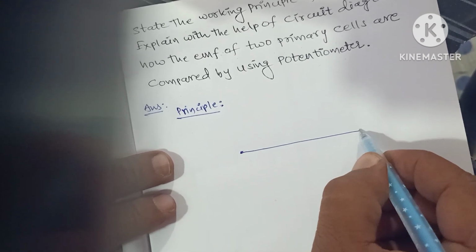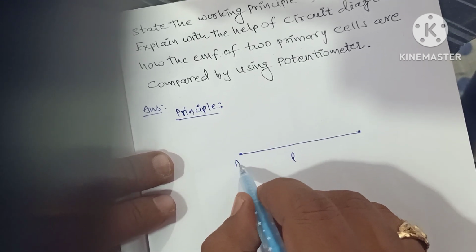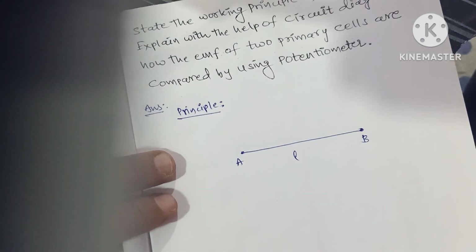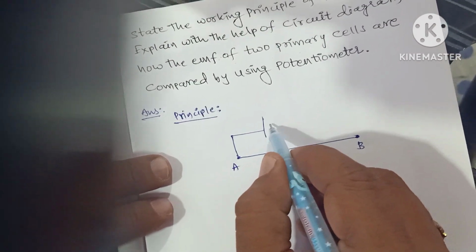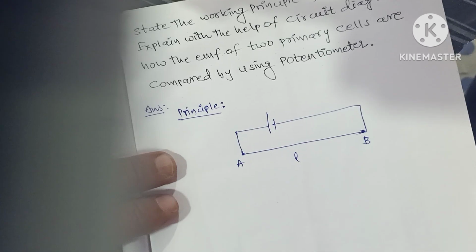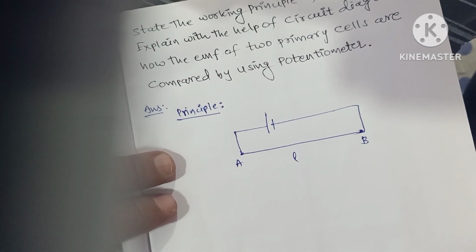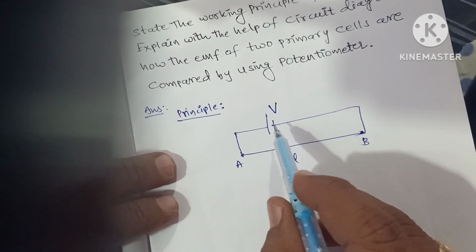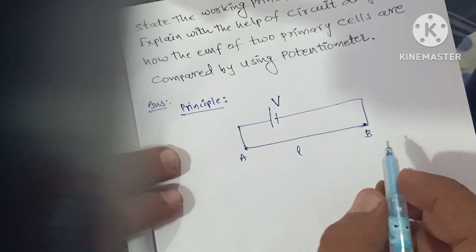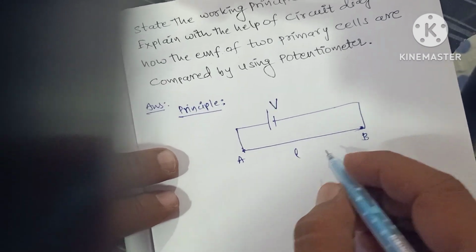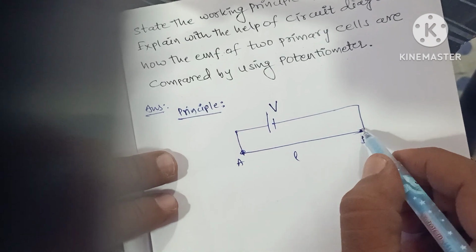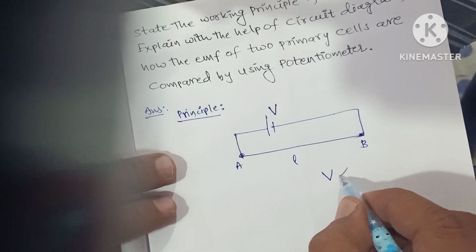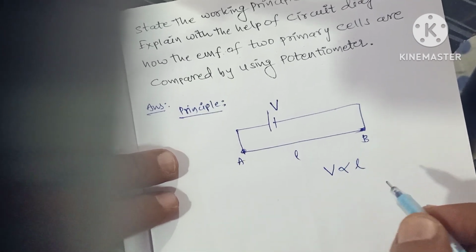Suppose this is a wire of length L. So AB is a wire of length L. Suppose that after connecting a battery to the ends A and B, the potential difference between the two ends of the wire A and B is, say, V. Then what the potentiometer principle says is that the potential difference between the two ends of the wire, which is V, is always directly proportional to the length of the wire.